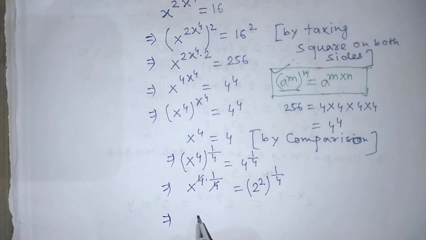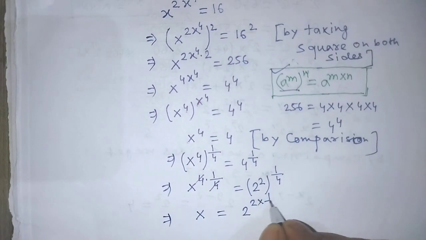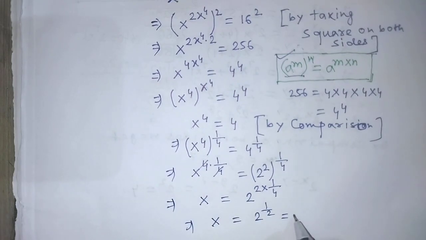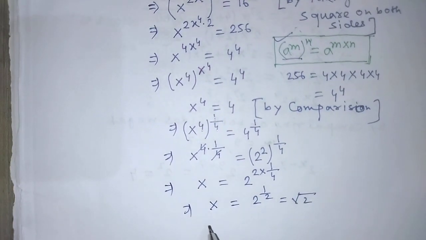On the left hand side we get x is equal to, on the right hand side according to this formula we can write here 2 to the power 2 times 1 over 4. We can write from this equation x is equal to 2 to the power 1 over 2, that is square root of 2. So student, the value of x will be square root of 2.